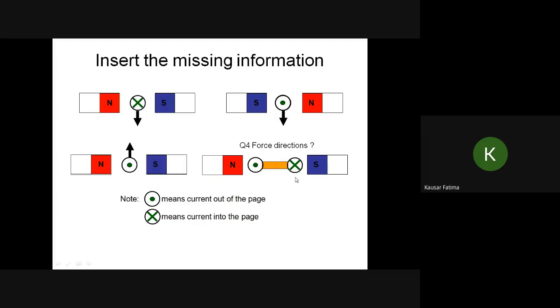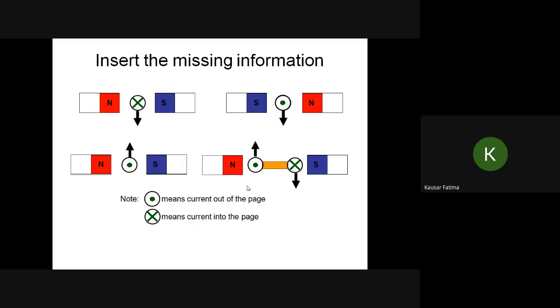Okay, so this side experiences force in the downward direction. And what about this one? Because the current direction is opposite, it will be experiencing force in upward direction. We can check also. Field same direction, north to south, and current outward, so force is upward. So this side experiences force up and this side experiences force down.